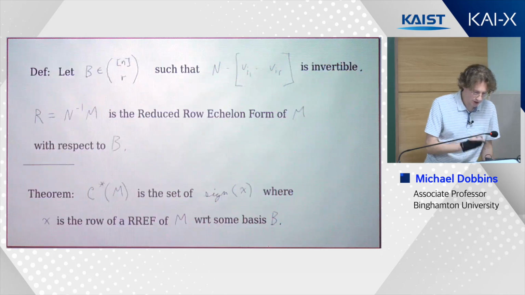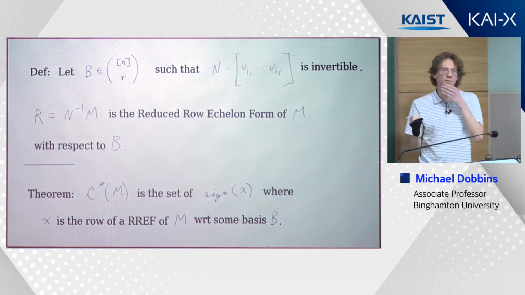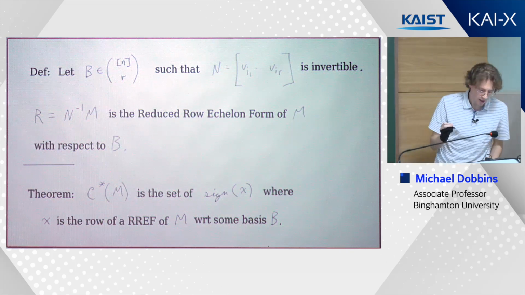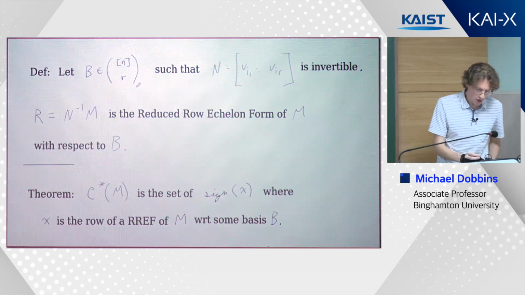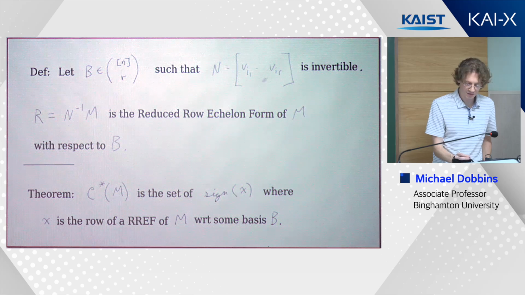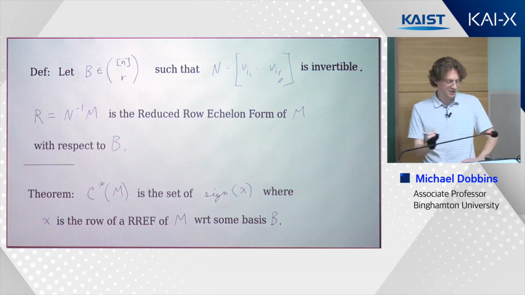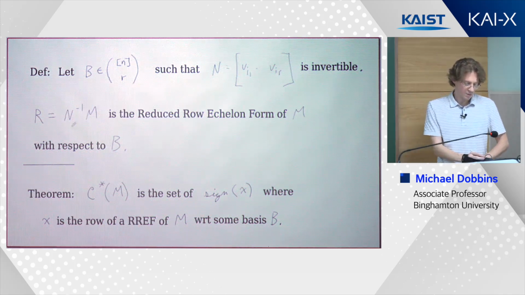There's another description of the cocircuits, which come from the row-reduced echelon form of a matrix. For this, we can define a basis as a selection of vectors, columns of some matrix, such that the submatrix consisting of those columns is invertible. Then we can define the row-reduced echelon form with respect to that basis by multiplying by the inverse of that matrix on the left.